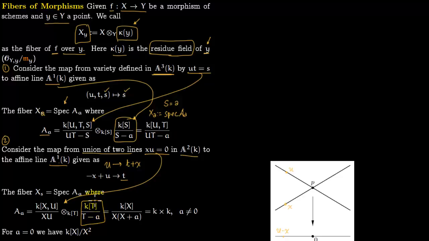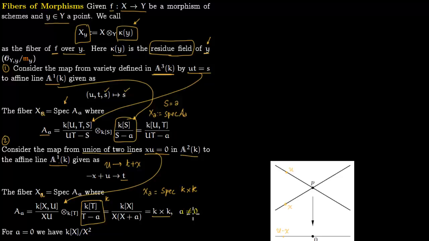This is just k because this is an evaluation map at a. So u becomes t plus x, t becomes a, so you get this. So this ring is nothing but k times k. So the fiber here is Spec of k times k.